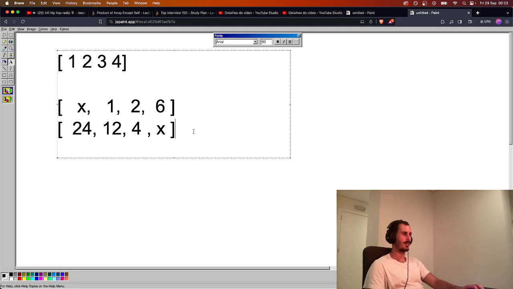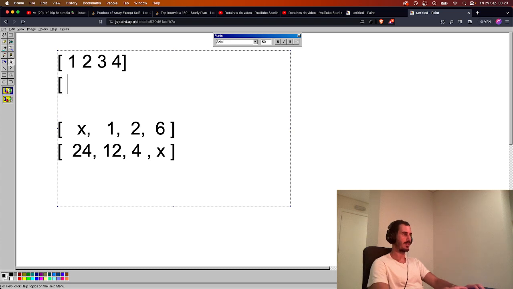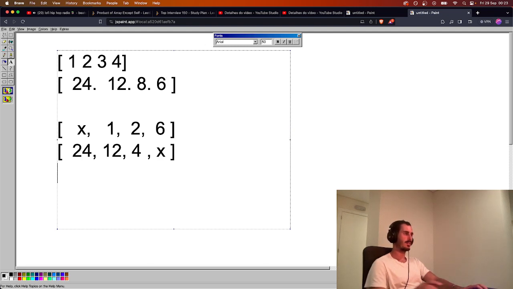So now we know. Let's look at the solution for this. The solution we already know is 24, 12, 8, and 6. If you look closely, 24 is already here, so it's good. 12 is already here, but we have this 1.